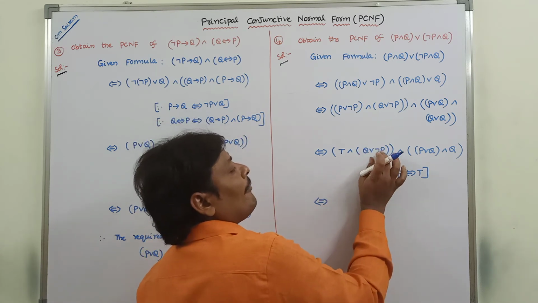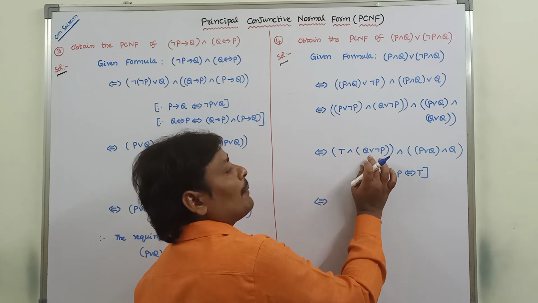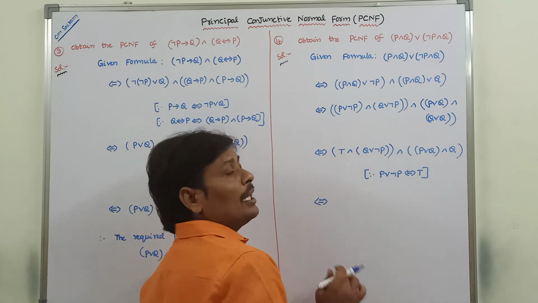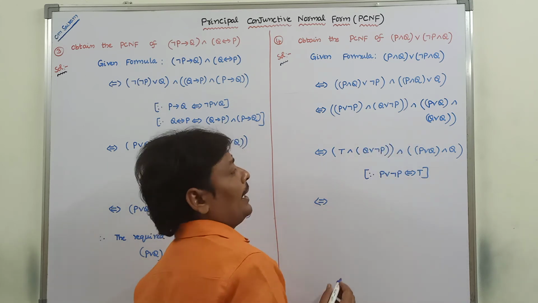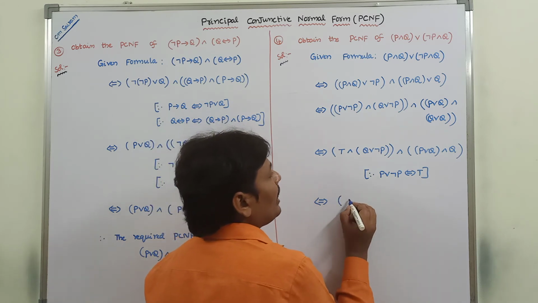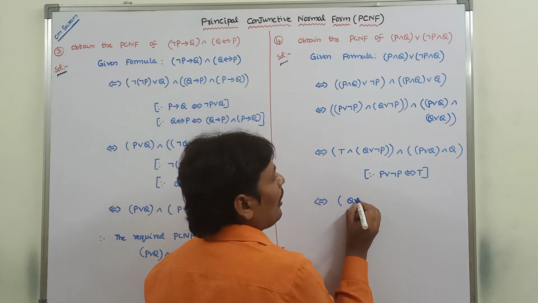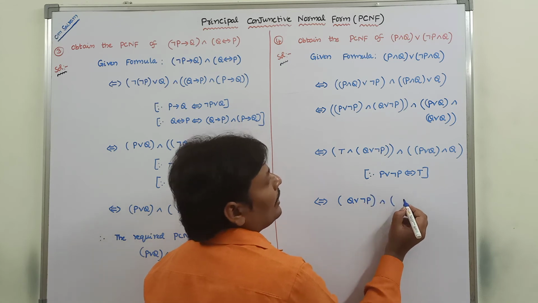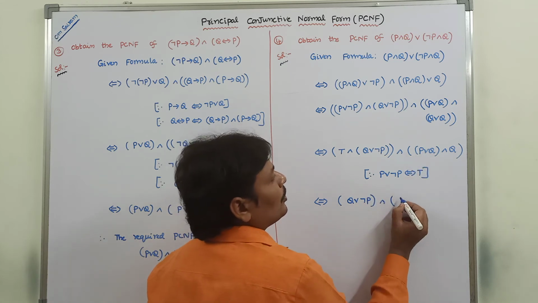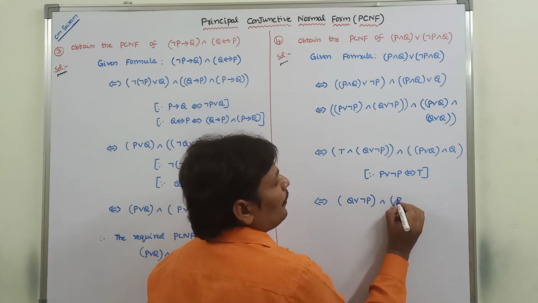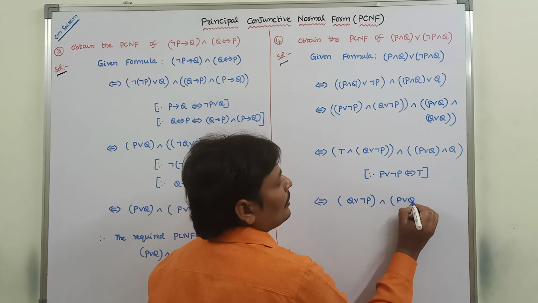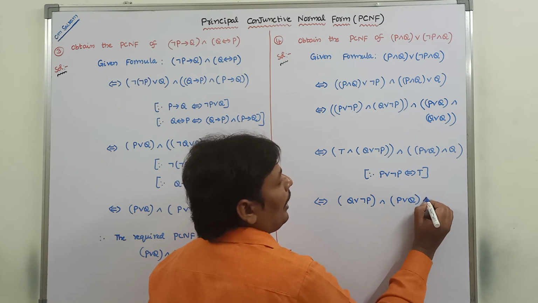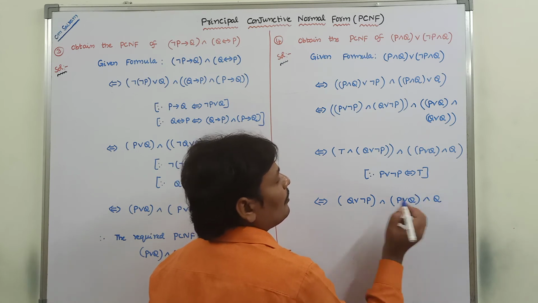Whatever value we substitute in the place of Q or negation P, we get the same result. So from this, I am writing Q or negation P, and here P or Q and Q.